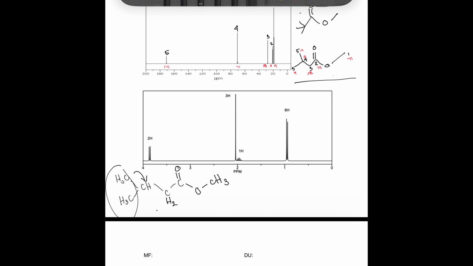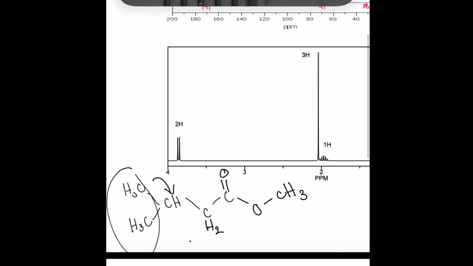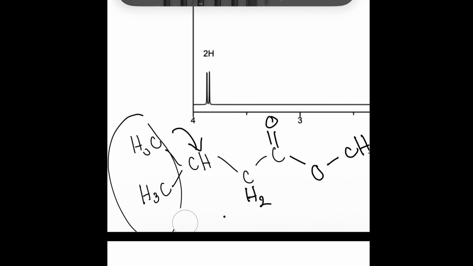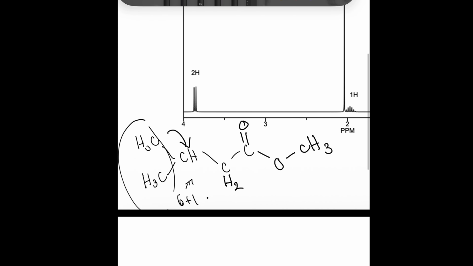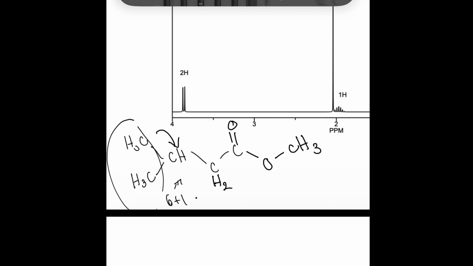But when we keep looking at the rest of our predicted structure, the sum of these 2 is going to be 7. If we write it out, the 6 hydrogens from here plus the 1 from here gives us 7. And if we keep looking, this 1 plus this one is going to give us the 2.